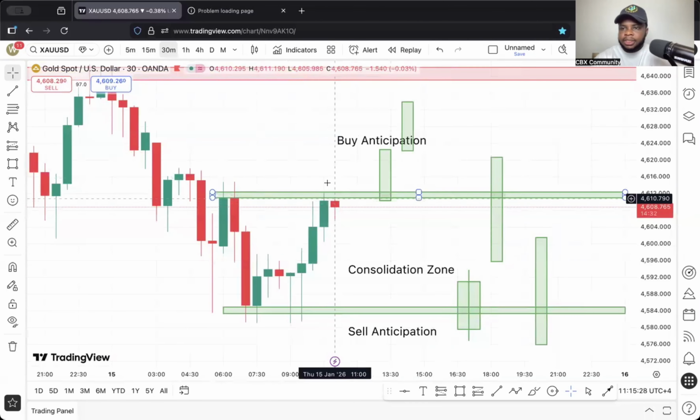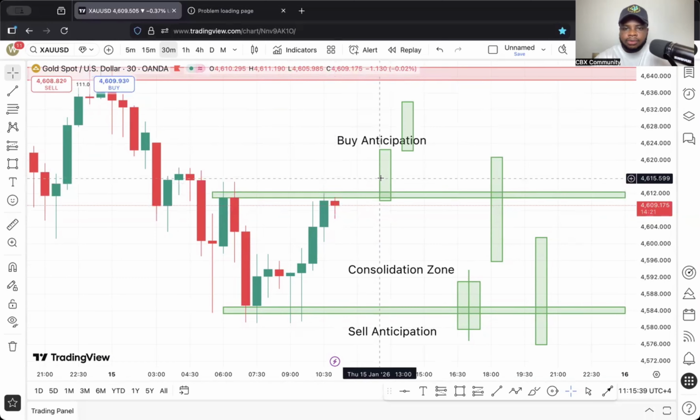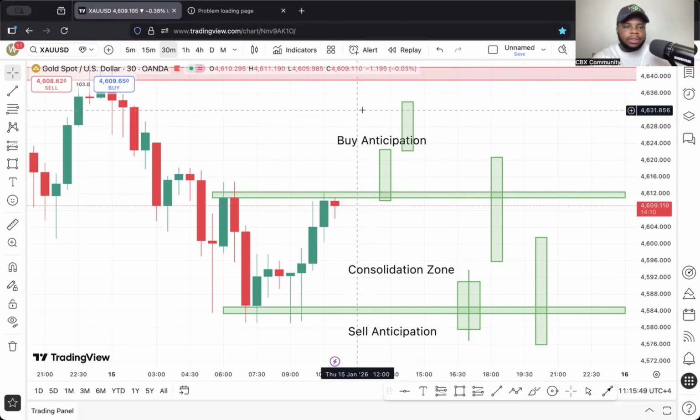That means you're anticipating the break of this bullish candle high and then the break of the high of this bearish candle, then since this is London session, for the volume to continue to go up, change from this resistance zone over here to this resistance zone. You're looking at 277 pips.